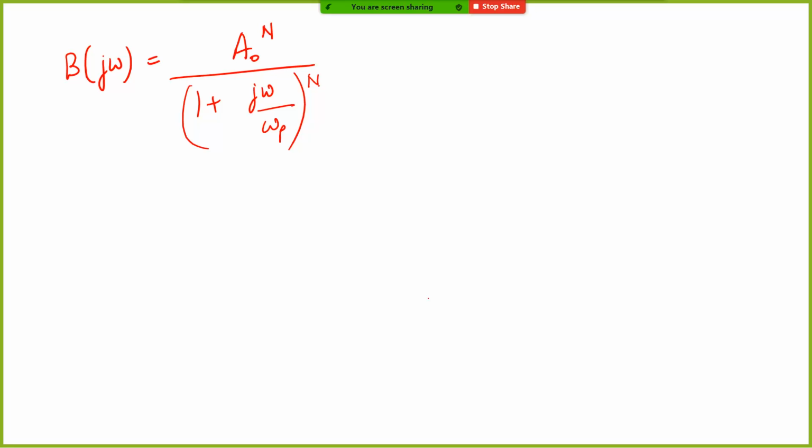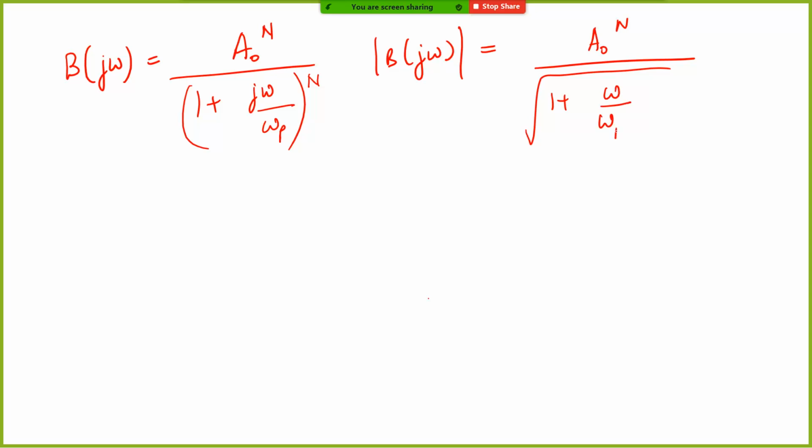Now, what is the magnitude of B of j omega? The magnitude of B of j omega is nothing but A naught to the power of n divided by the root of 1 plus (omega by omega p) the whole square, to the whole power n, correct? If you had n equal to 1, it was the root of 1 plus (omega by omega p) the whole square.